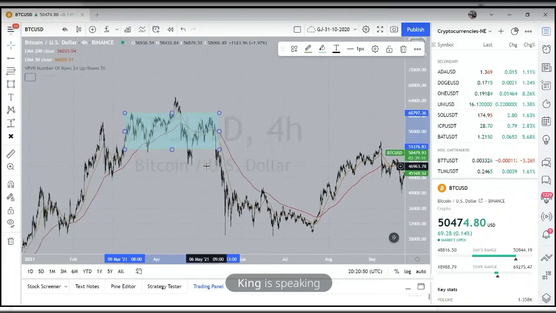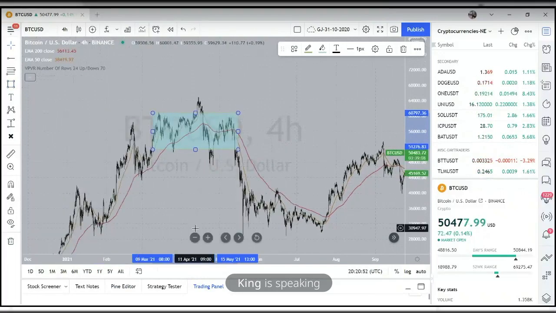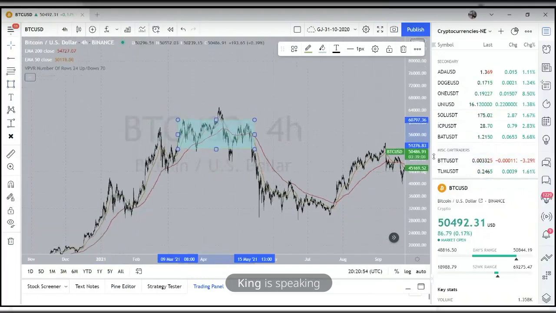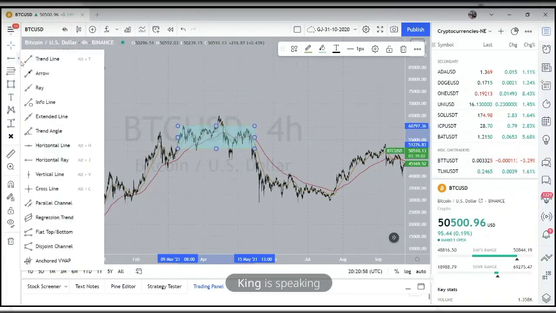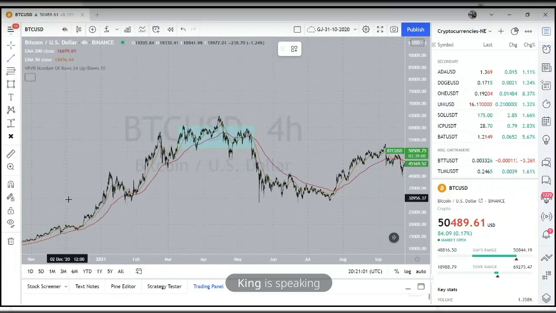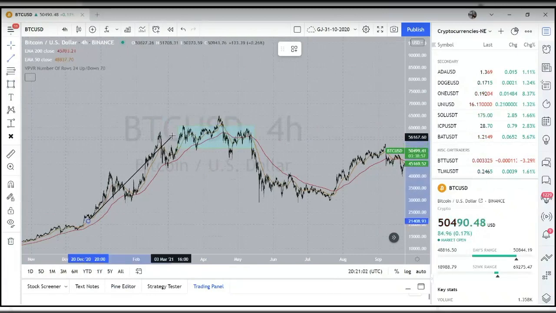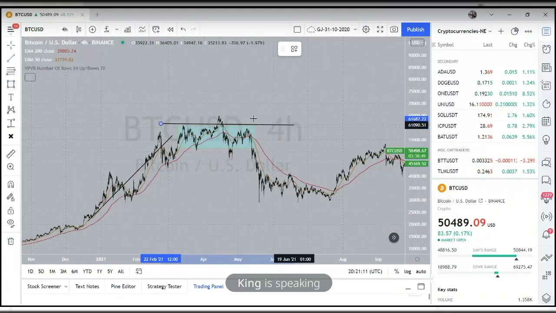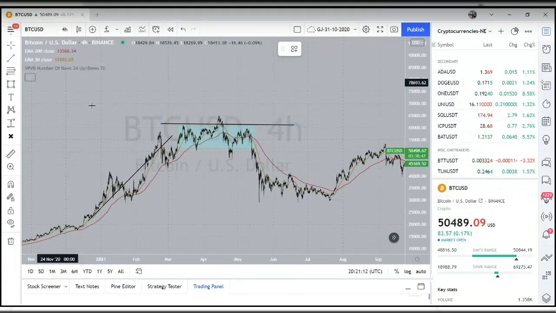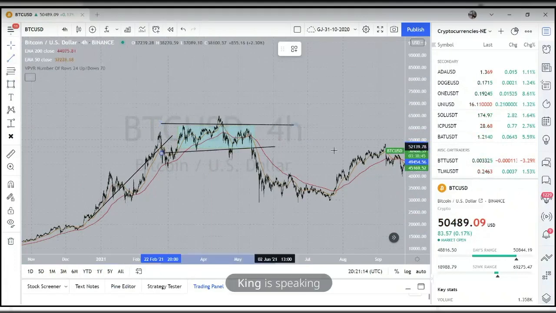So just disregarding all the highs and the lows around there, you can see that the market trended up. It came into this area where it began to range, and then it trended lower.